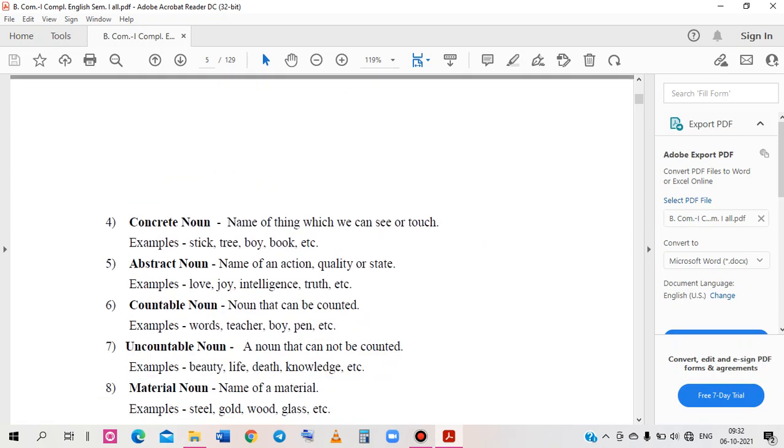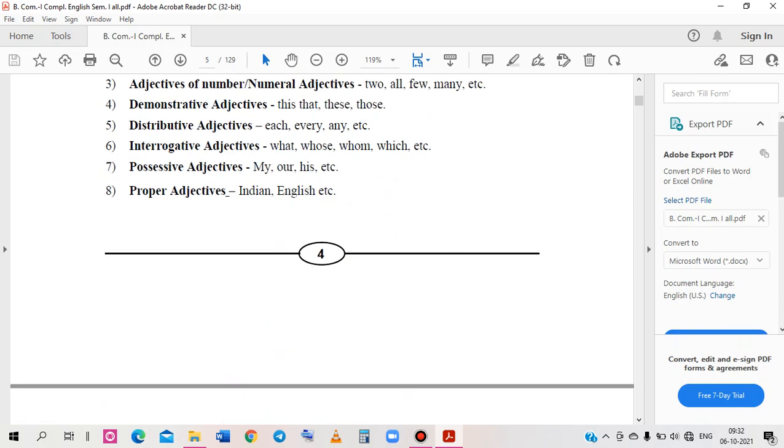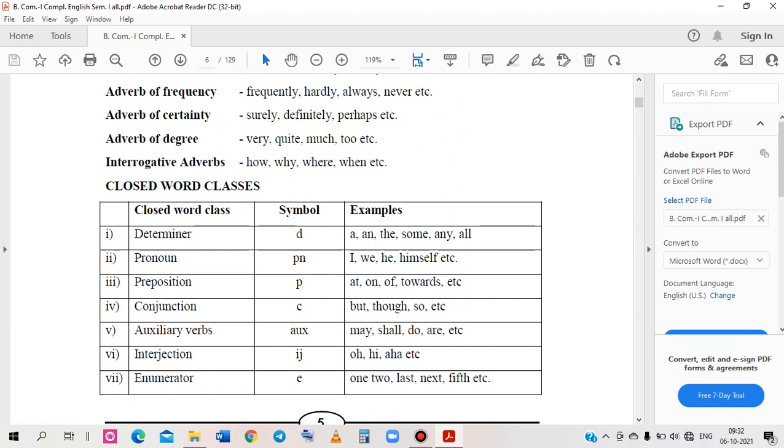Now let's move towards closed class words. So, closed word classes include determiners, then the pronoun, then prepositions, conjunctions, auxiliary verbs, interjections, and enumerators.